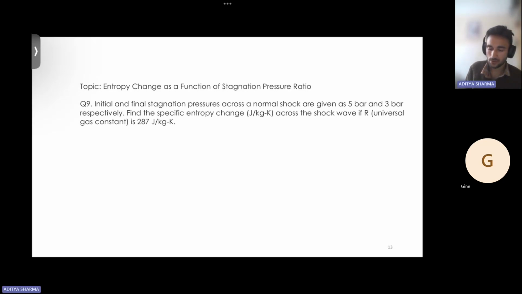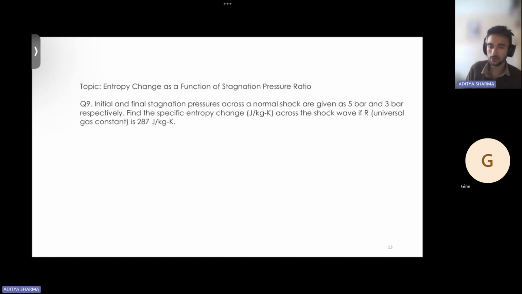So this is question number 9. Entropy change as a function of stagnation pressure. So this is the same topic as it was in the previous question, but here we have a numerical. So let's see the numerical. Initial and final stagnation pressures across a normal shock are given as 5 bar and 3 bar respectively.